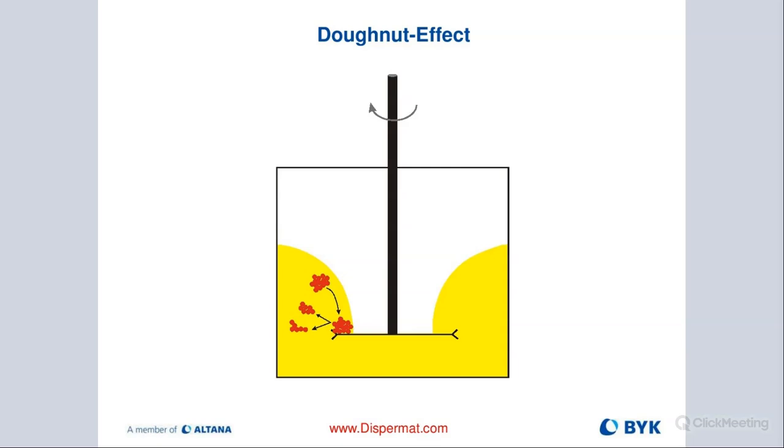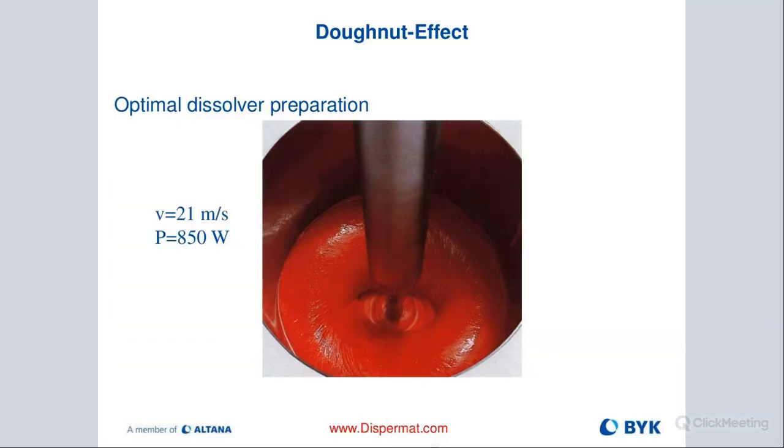So that's where all these binding forces are broken up, and the particle size is being reduced. In this case, it's a good picture of an optimized dissolver prep. We have about 21 meters per second of tip speed, which is optimum, and we're putting in about 850 watts of energy. So this really looks good.